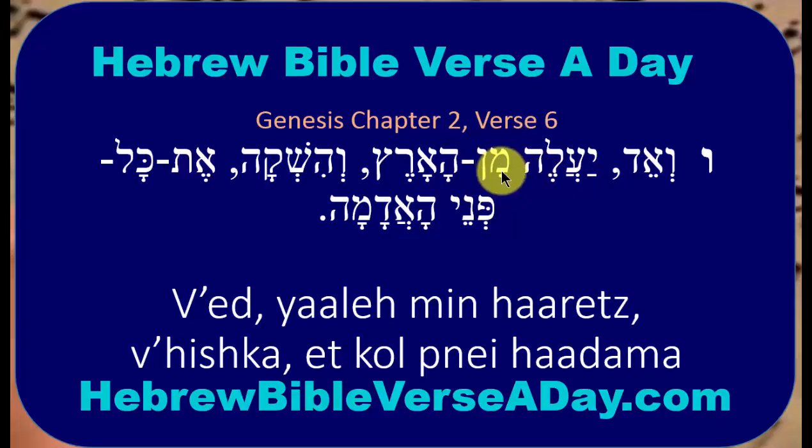Just a two-letter word here. We've got the mem, which is like an M for mummy, with one dot underneath, which makes it an i sound, so it's mi. And we've got a final nun. That's the n sound. As it's at the end of the word, it's called a final letter, or a nun sofit. It's got no vowel, so we just include it with the mi sound. So min. We've got a hey and an aleph, and you should know by now that the T means it's an a sound.